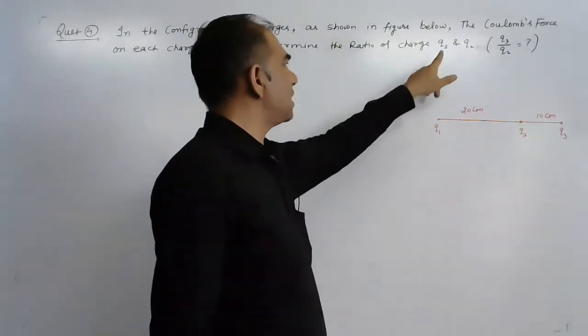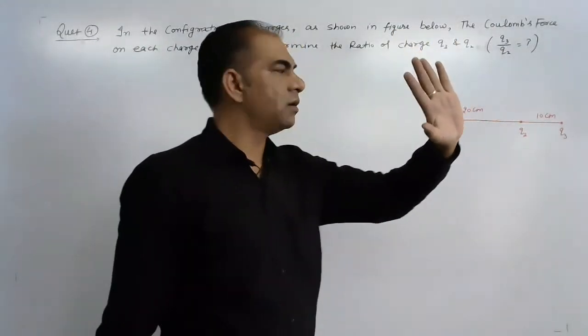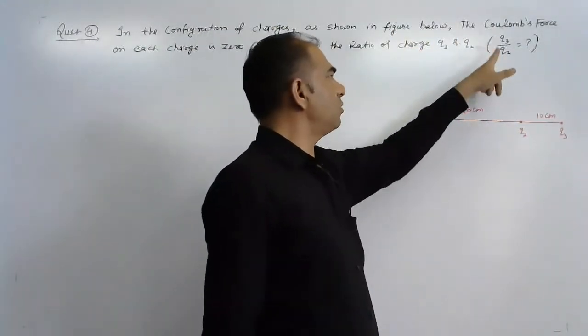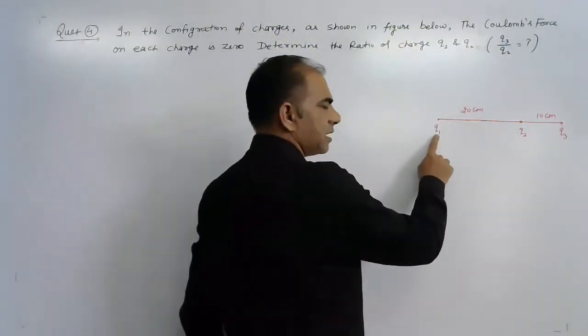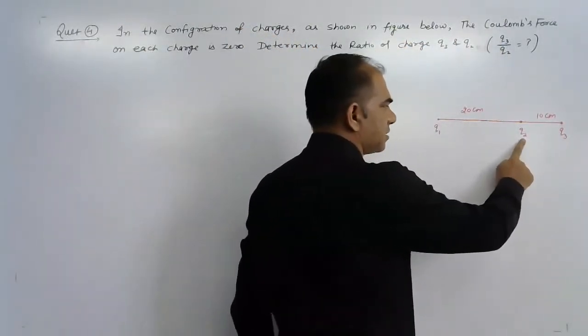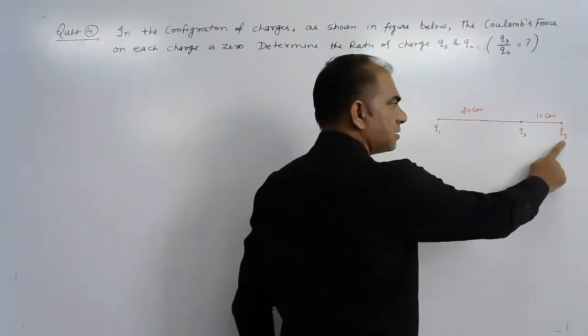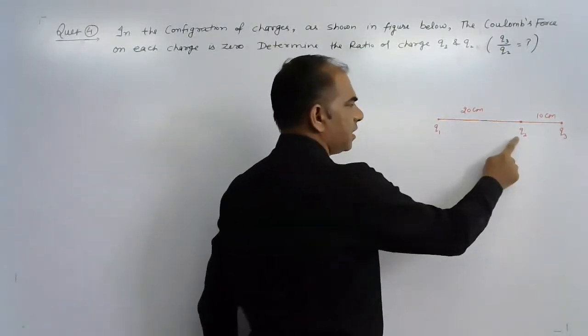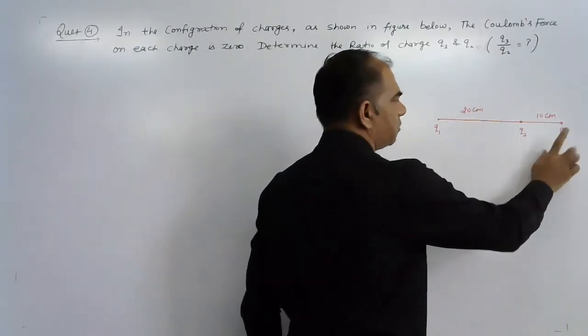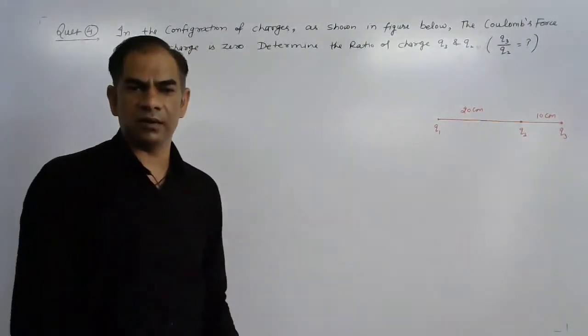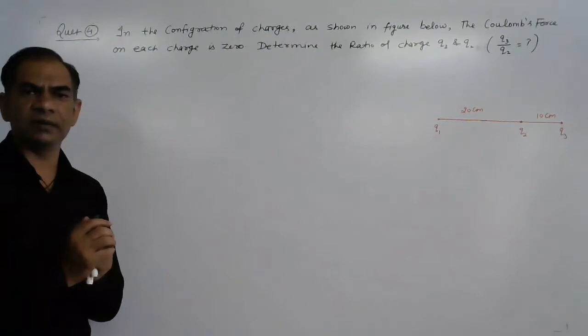Determine the ratio of charge Q3 to Q2, meaning find the value of Q3 upon Q2. This is the structure. Here is the first charge Q1, here the second charge, and here the position of the third charge. The separation between Q1 and Q2 is 20 centimeter and the separation between Q2 and Q3 is 10 centimeter. This is the question statement.